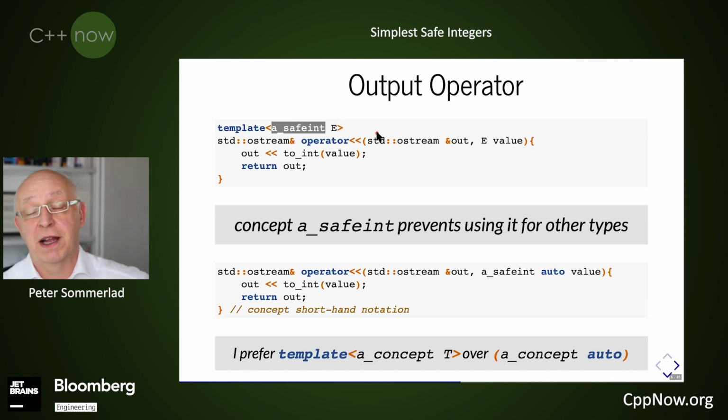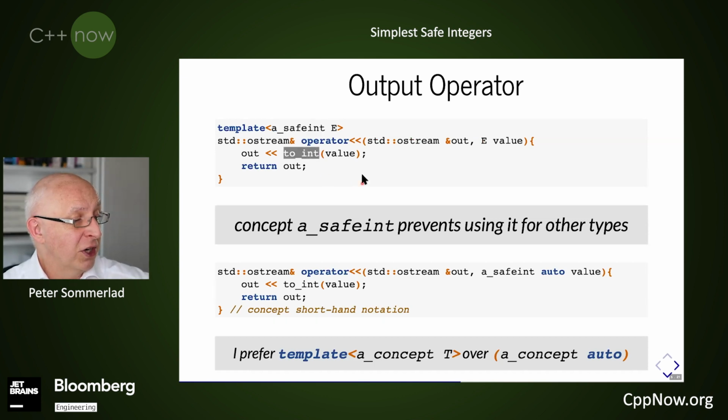So we only have to spell it out once. And we convert it to an integer as a value, and this ensures that integral promotion actually happens. So we don't print out an unsigned character or a signed character as the ASCII code that the regular shift operator might do for you.